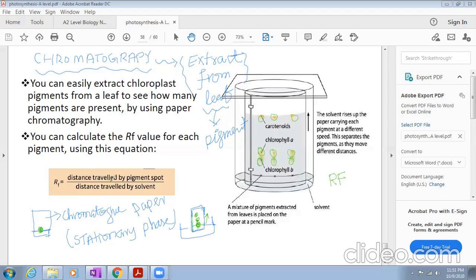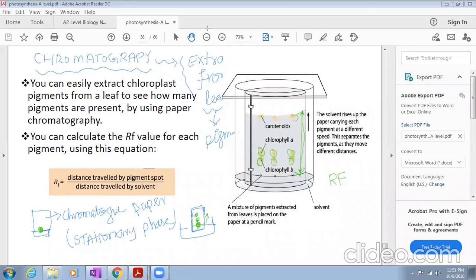Distance traveled by the pigment spot means the distance traveled by each pigment, right? While distance traveled by the solvent is from the baseline up to the last point where the solvent reaches, this complete distance. This distance is called the distance traveled by solvent.